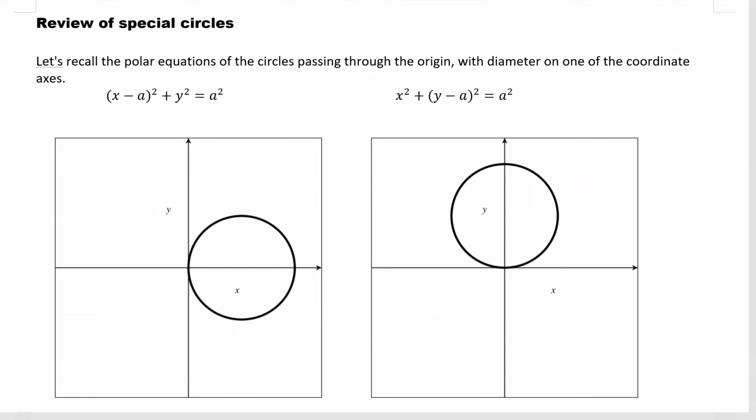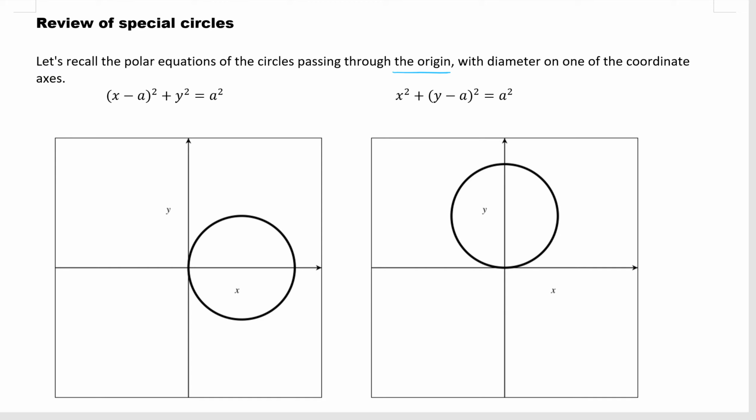Okay, so a review of special circles. Let's recall the polar equation of circles passing through the origin with diameter on one of the coordinate axes.